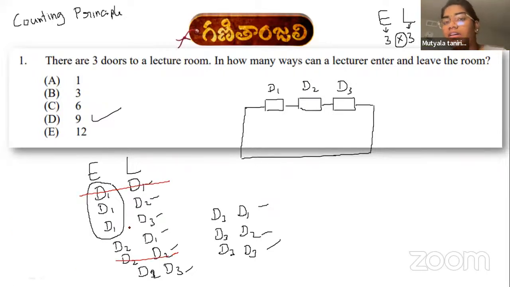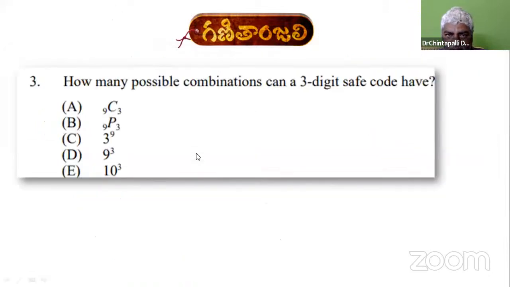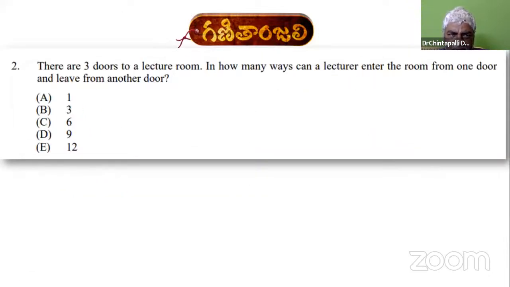So the answer will be 6 only, because it is clearly mentioned: enter the room from one door and leave from another door. That's the main point.